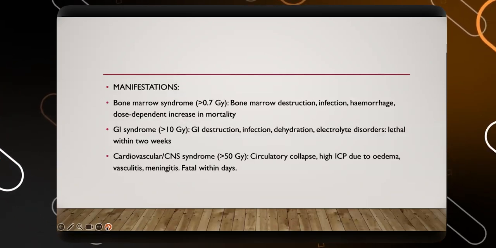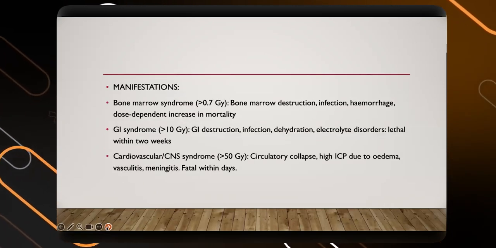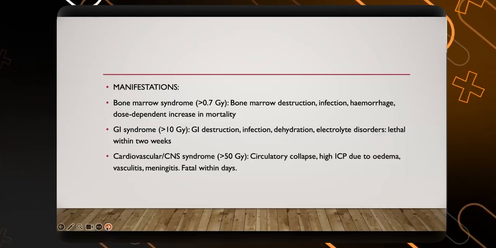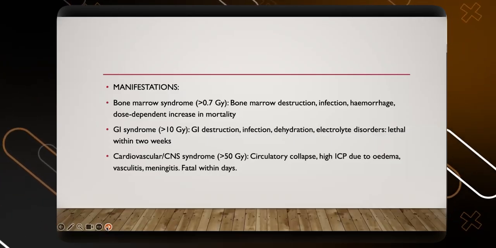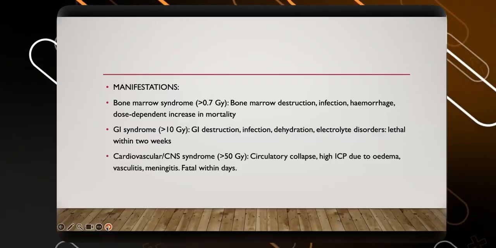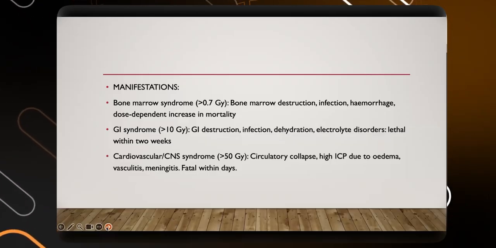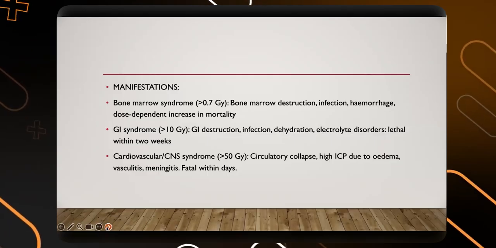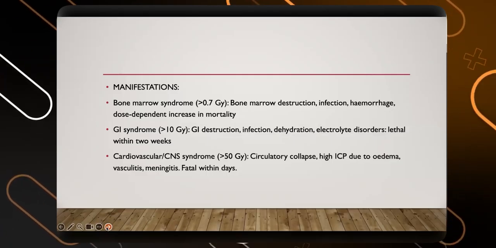What are the manifestations? Typically, the systems that are involved are bone marrow, GI, and cardiovascular and CNS. So bone marrow syndrome, which is greater than 0.7 gray, leads to bone marrow destruction, infection, hemorrhage, dose-dependent increase in mortality.